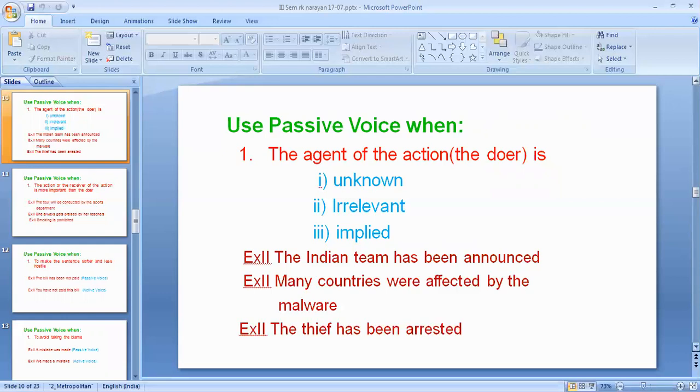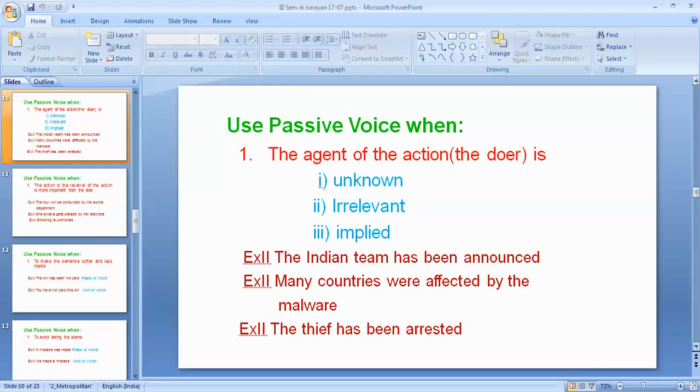And sometimes the doer of the action is implied, it can be understood by everyone. So on these three occasions, we use passive voice because the doer of the action is unimportant.